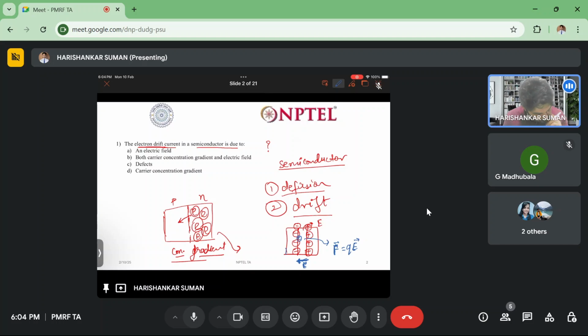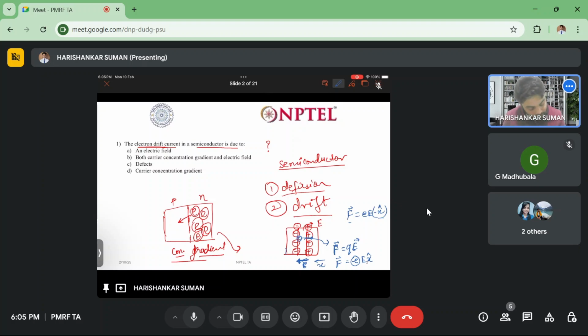So if the direction of electric field is, let's say, the x-axis, let's say this side is the x-axis, so what is the force direction? Let's say the electron has charge e, so what is the direction of force here? It is the opposite of the electric field, so the electron moves this side.